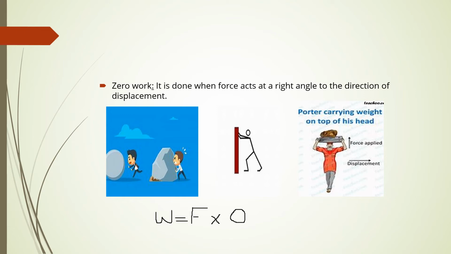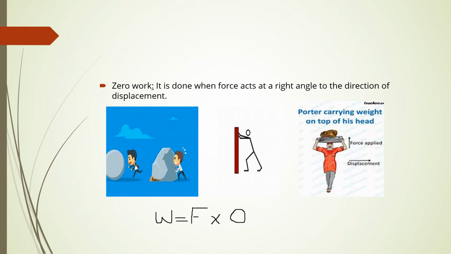Now let's discuss about this porter carrying weight on top of his head. This person is carrying a certain amount of weight on his head. So what is the direction? Here it is clearly indicated by the arrow mark. Force is applied in this direction and the displacement is just perpendicular, isn't it?